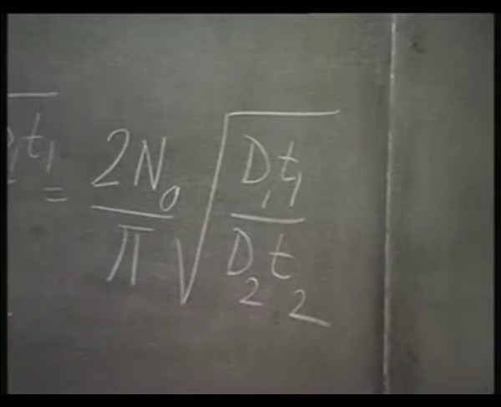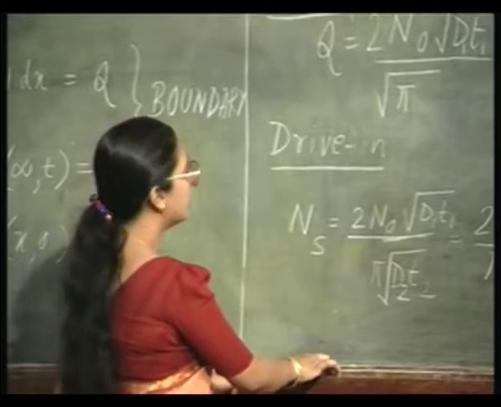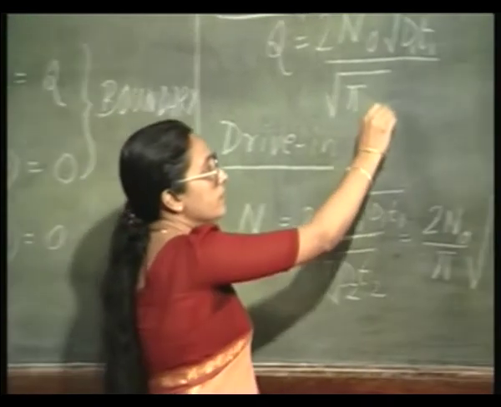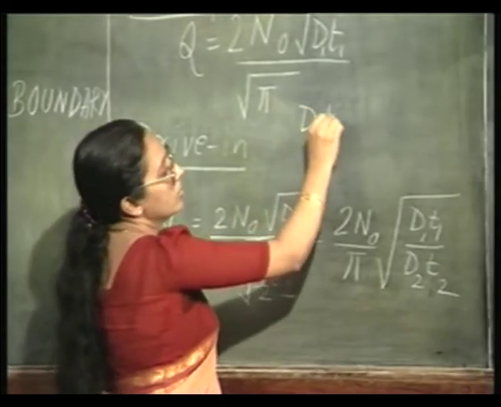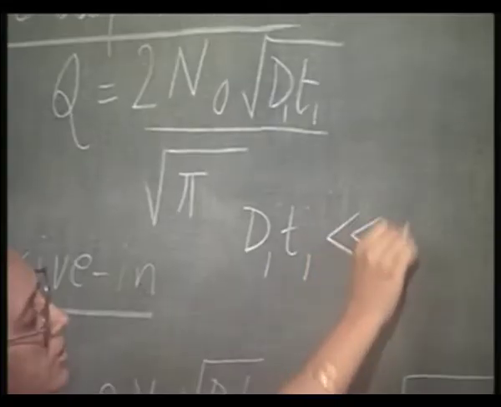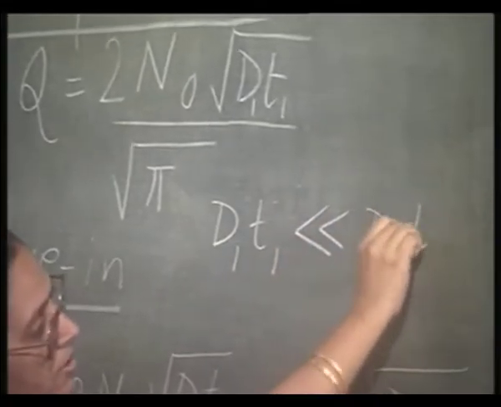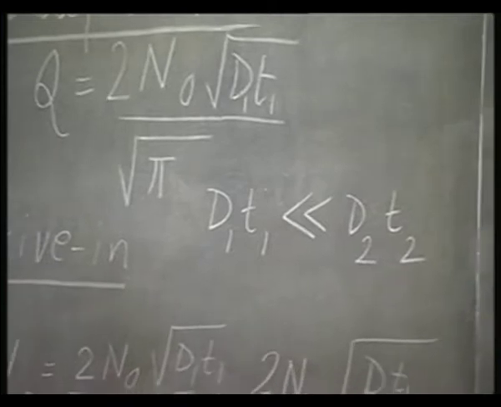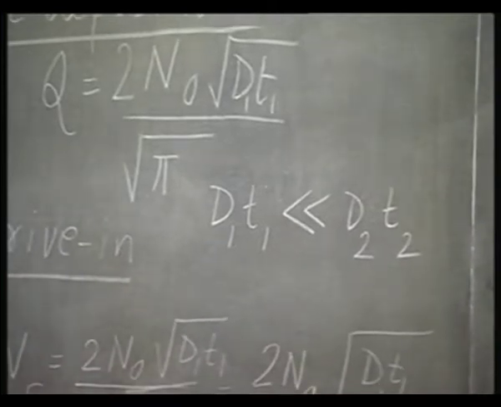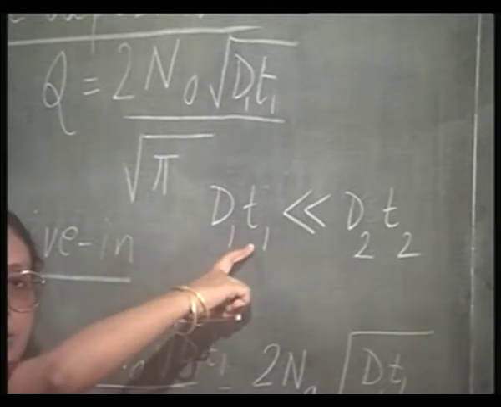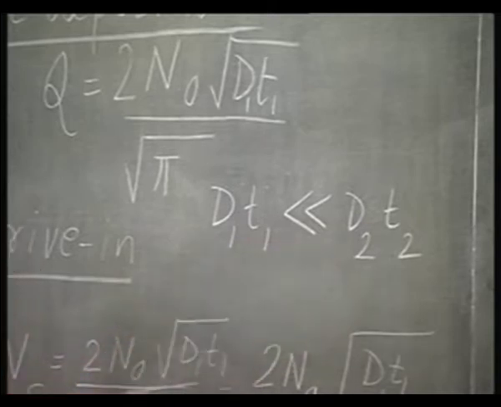So, you see, in a practical situation D1 t1 will be much less than D2 t2, that is, pre-deposition will be carried out at a much lower temperature, so that D1 will be much smaller than D2, and for a much lesser amount of time, so that t1 will also be much lesser than t2. Therefore, the product D1 t1 is going to be much lesser than D2 t2.